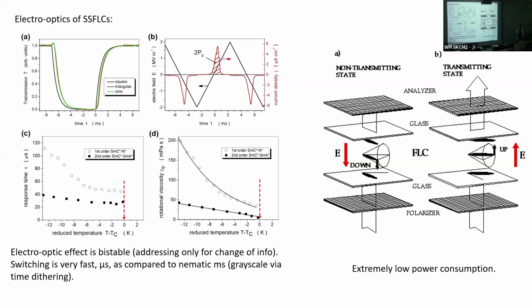If you then reverse your electric field, you switch to the second position, you have your polarization up, light can be transmitted. So you're switching between dark and bright. That's basically the whole idea of it. But it does have extremely low power consumption, because you only need to address that pixel that you're actually switching.